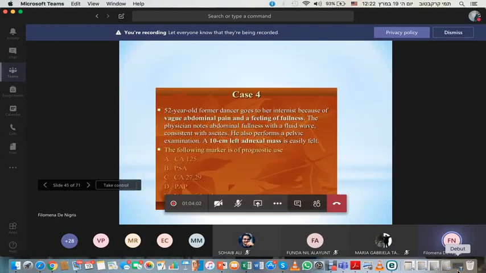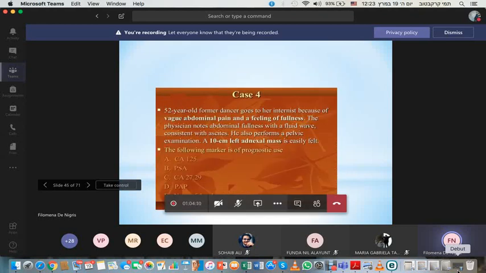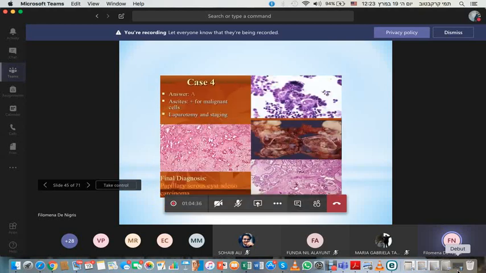This is another case, just to monitor, for example, a woman with abdominal pain. Which kind of marker can we use? Of course, we cannot use PSA for a woman. She has abdominal pain. We have to examine the pelvis, and which is the marker that we can use?